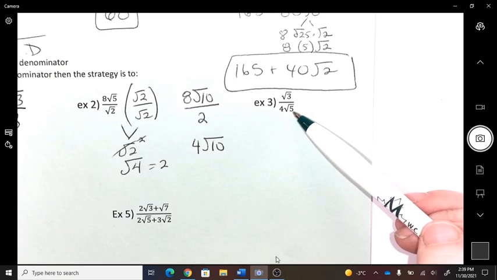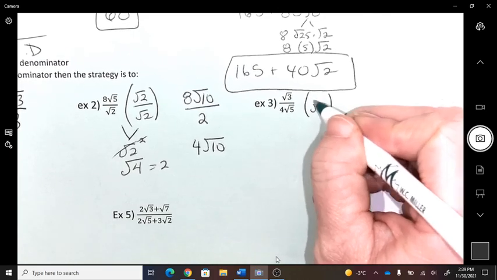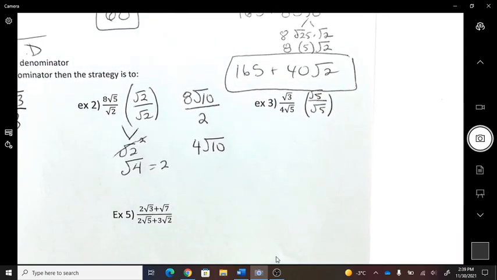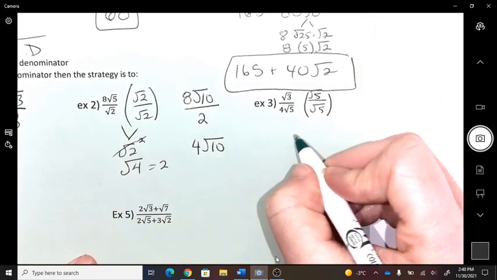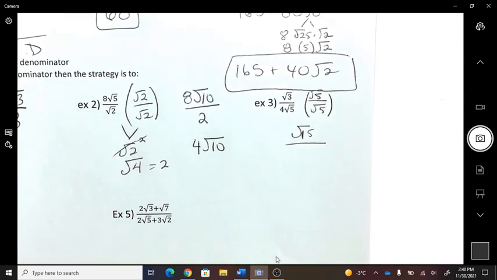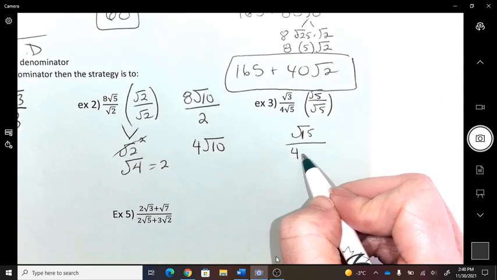Next, there's a root 5 on the bottom that I don't like, so I'm going to times it by root 5. Do you notice how I'm not worried about the 4 part of it? I'm just going to times by the radical part of it. So the top would be root 15, and the bottom is 4.